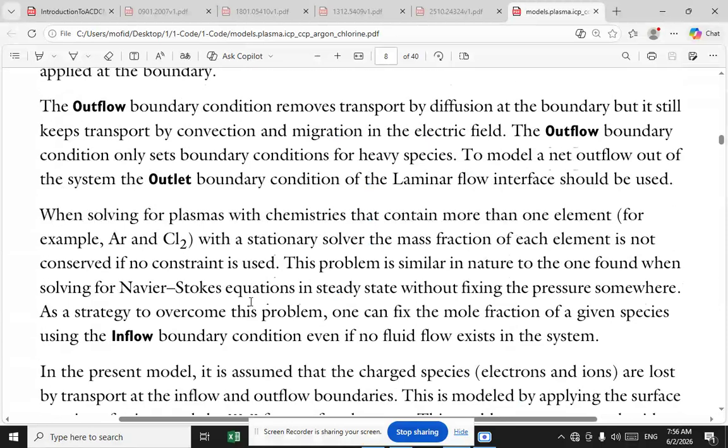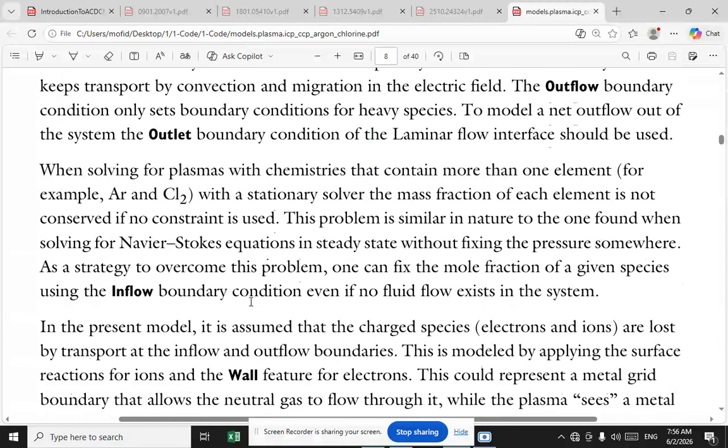The outflow boundary condition removes transport by diffusion at the boundary, but it still keeps transport by convection and migration in the electric field. The outflow boundary condition only sets boundary conditions for heavy species to model a net outflow out of the system. The outlet boundary condition of the laminar flow interface should be used when solving for plasmas with chemistries that contain more than one element, for example argon and Cl2, with a stationary solver.